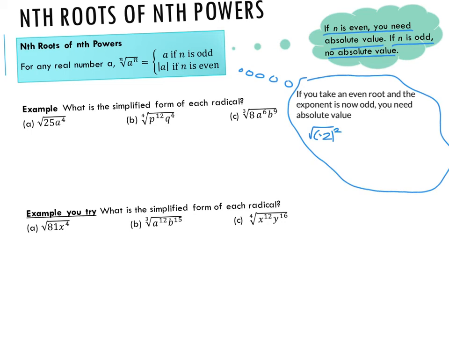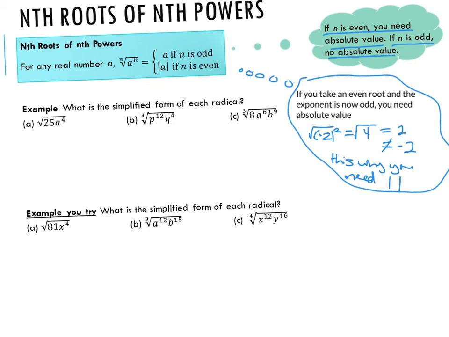That is the same thing as saying the square root of 4, which we know to equal 2. It does not equal negative 2, okay? This is why you need absolute value.